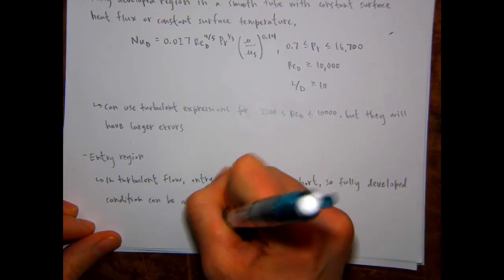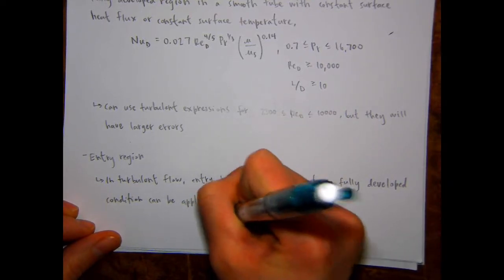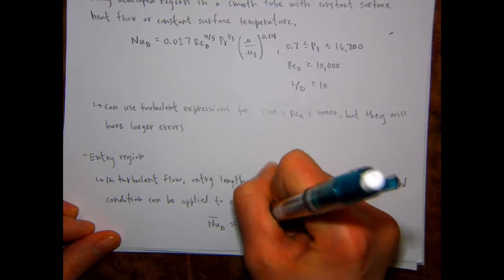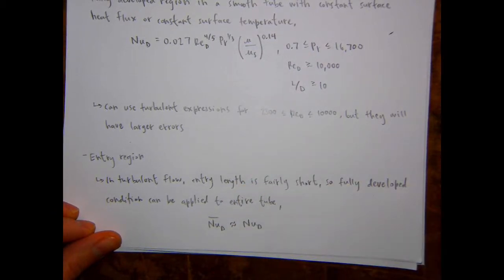In other words, the average Nusselt number is approximately equal to the local Nusselt number.